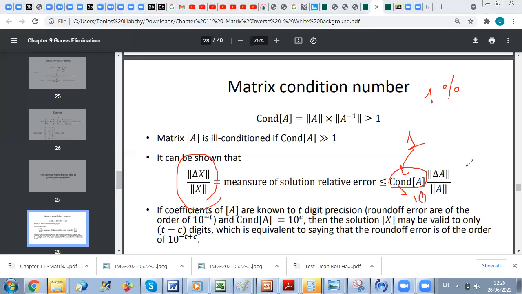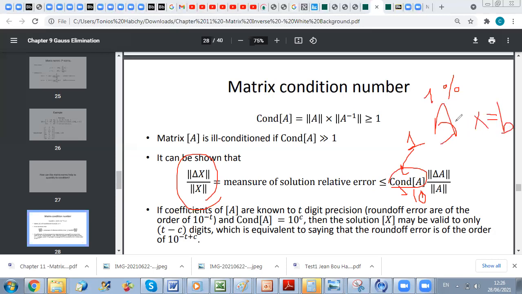For an ill-conditioned system, we have seen together an example where if we changed by 1% the value of one of the elements of B, the solution changed by 400% and 100%. How can we explain this? We could expect this by calculating the condition number of matrix A in the system AX equals B. And this will be a warning for us.